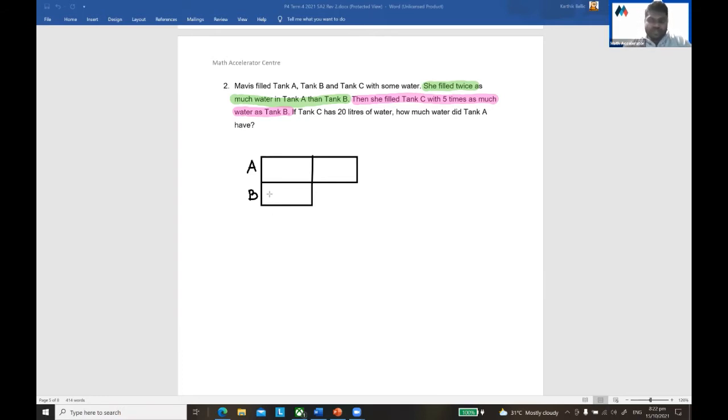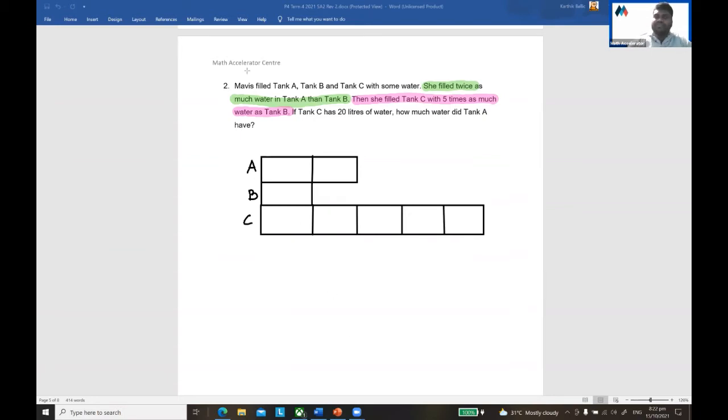If tank B is 1 unit, tank C will be, yep, correct, 5 units. So let's draw for 5 units. Don't have to be so accurate, but just draw something that looks decent, all right? So 1 unit, 2 units, 3 units, 4 units, 5 units. Just to play safe, you can put U inside, okay? Units.